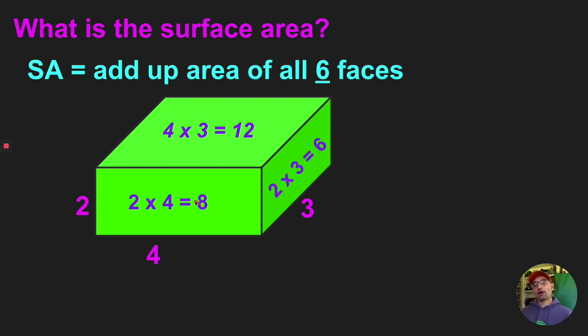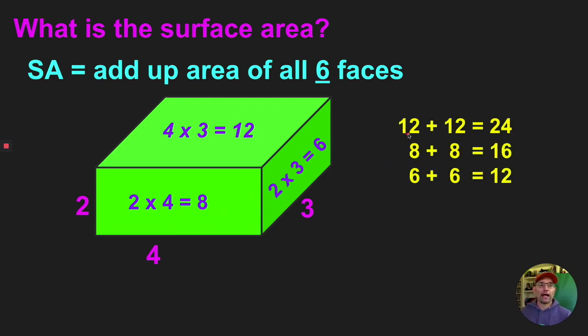So now we take all of these. Now let's look at the front side. So if you know the front side is 8, then you know the back side that we can't see is also 8. If you see the right side here is 6, then you know the left side that we can't see is also going to be 6. And if the top is 12, what's the bottom going to be? The bottom that we can't see is also 12.